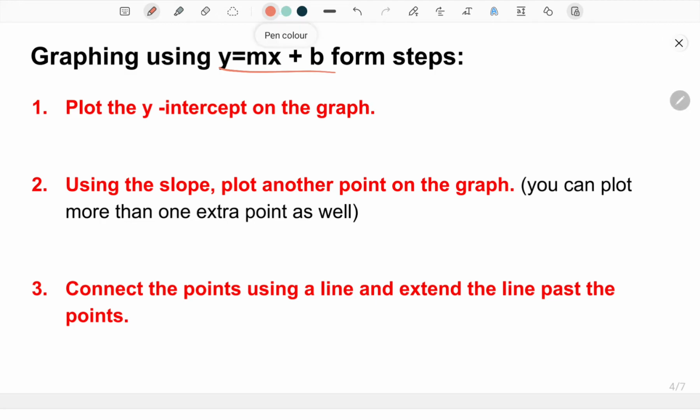Then you can make use of the m value, because the m value will tell you basically how you can go from one point to another point on that particular graph using that slope. And lastly, once you have 2 points, since it's a line, it'll have that constant kind of shape throughout the whole line. So you can just draw a line connecting those 2 points and extend it as far as you can on the graph.